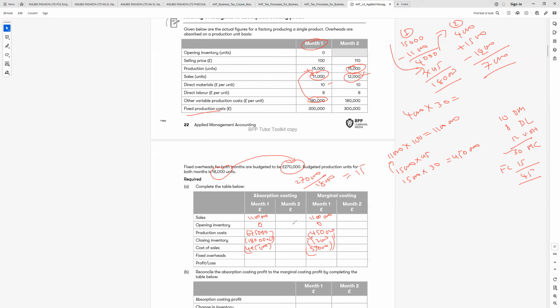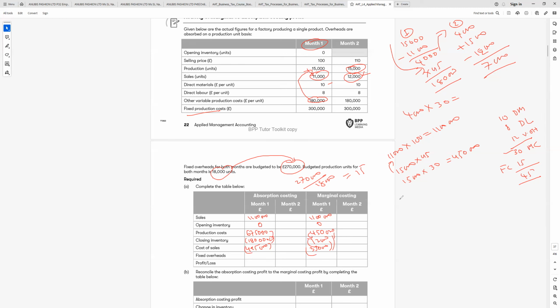All right, now we can find our under or over absorption, which is very important. It's only for the absorption costing. Remember that, under or over absorbed. The way we calculate, as I said before, we need to see how much we estimated and how much the cost actually was. So let's have a look.